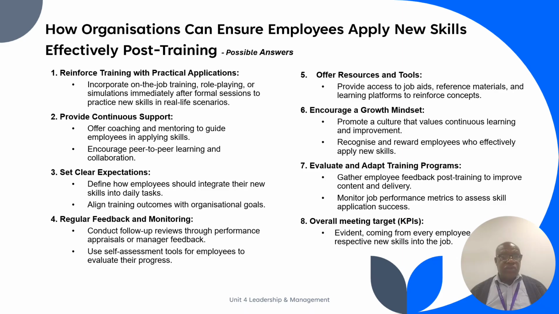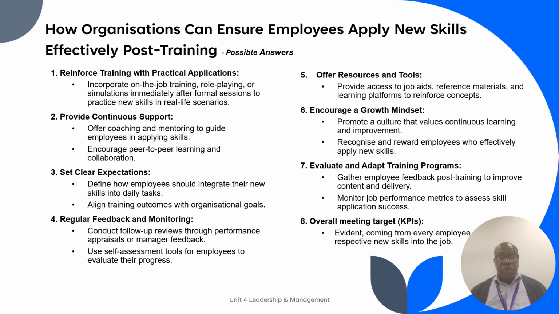It can reinforce training with practical application, provide continuous support, set clear expectations, regulate feedback and monitoring, offer resources and tools, encourage a growth mindset, evaluate and adapt training programs, and also have an overall target, a kind of KPI that can be used to see before and after.